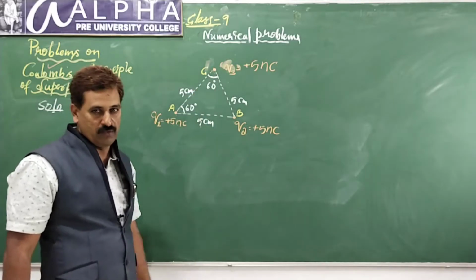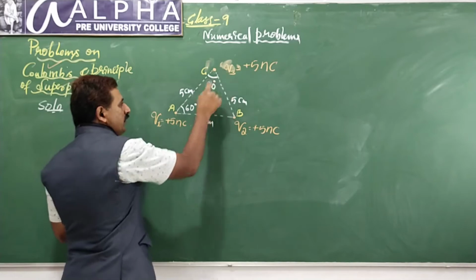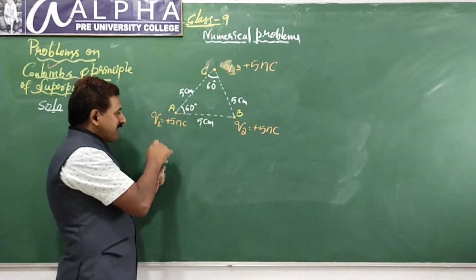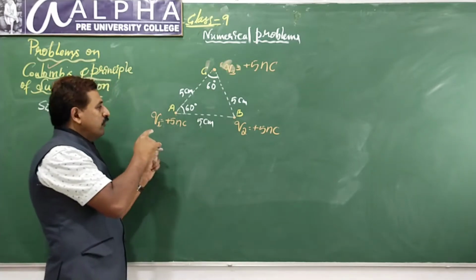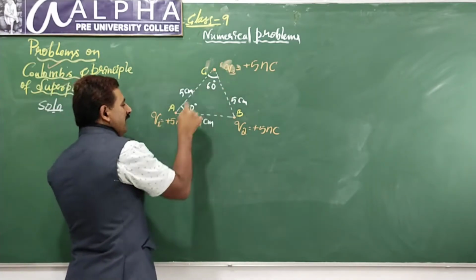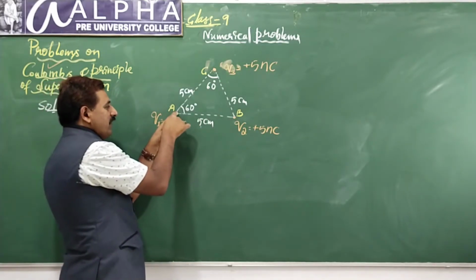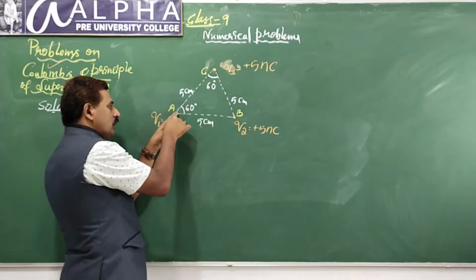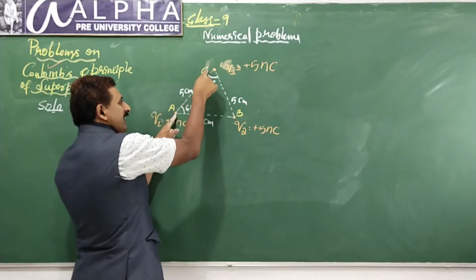I will show now. I consider the force between Q1 and Q3 as we did yesterday. How do you find force between Q1 and Q3? Since these 2 are like charges, they repel each other. To show direction of action of force, you join Q1 and Q3. Already done. That is line AC.